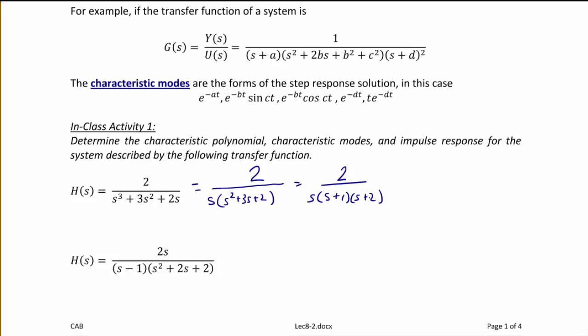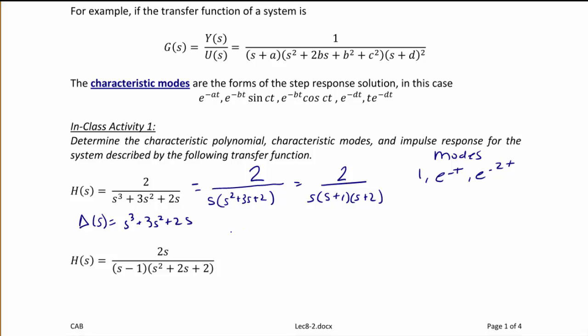So the characteristic modes would be 1, e to the minus t, and e to the minus 2t. The characteristic polynomial is the denominator of the transfer function. So if I call the characteristic polynomial delta of s, it is s cubed plus 3s squared plus 2s.